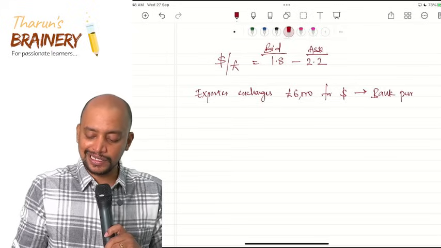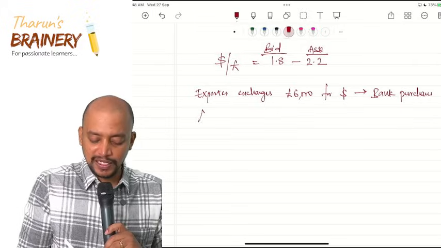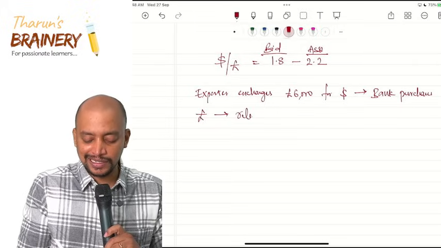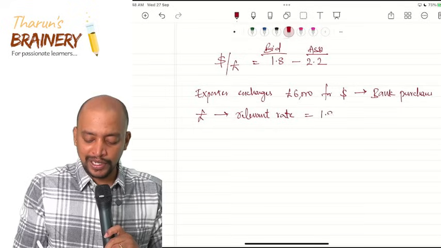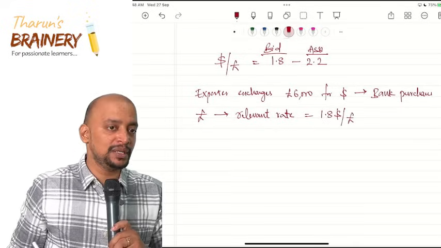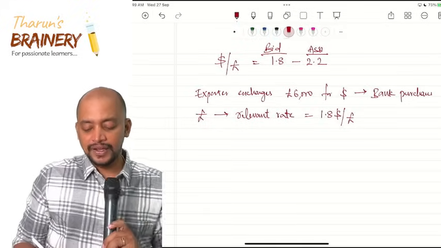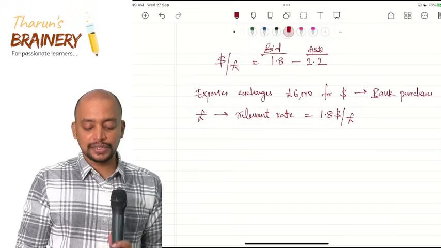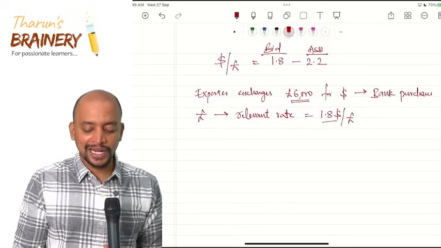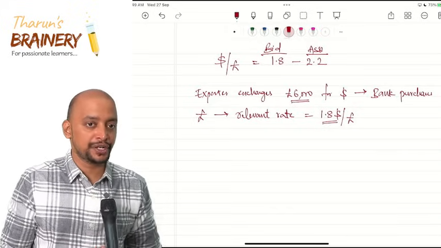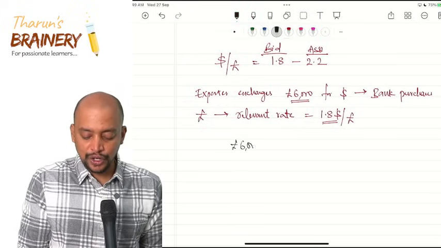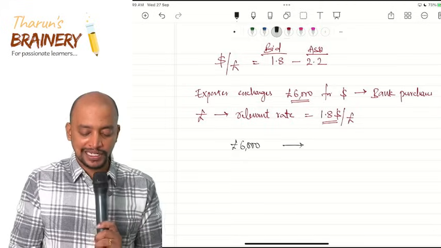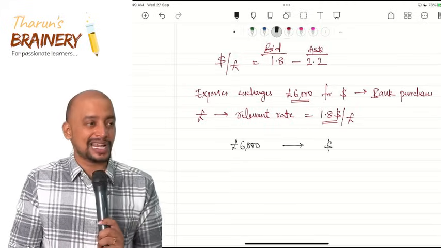The bank purchases pounds, so the relevant rate is $1.8 per pound; the bid will be the relevant rate. So 6,000 pounds is converted into how many dollars? Multiply with 1.8: 6,000 into 1.8 gives $10,800.